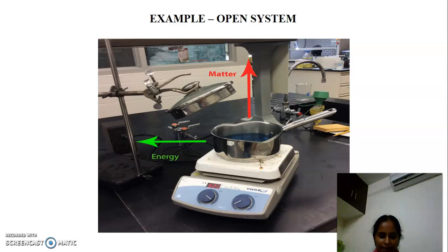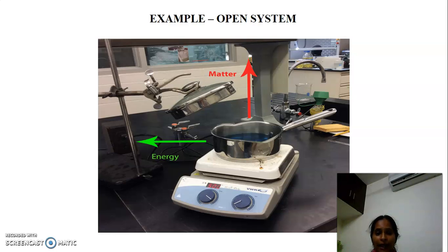The examples for a closed system could be a cylinder filled with a movable piston, and a bomb calorimeter, which is a closed one. No mass can enter into the bomb calorimeter. And a motor car battery.